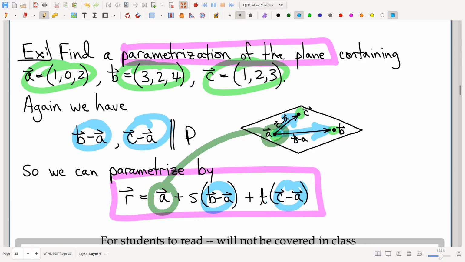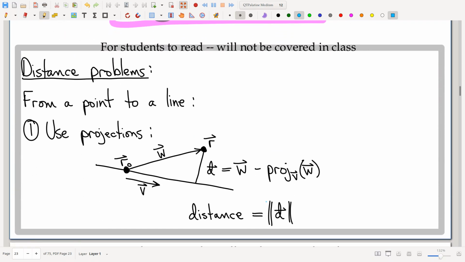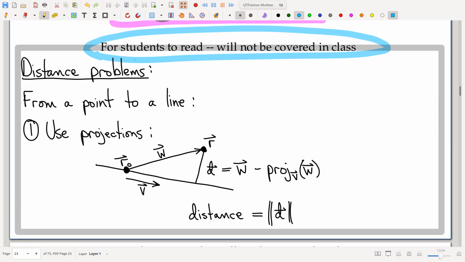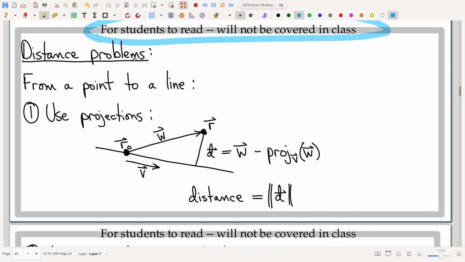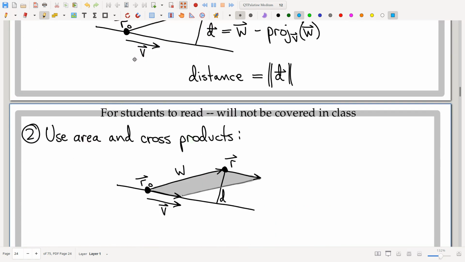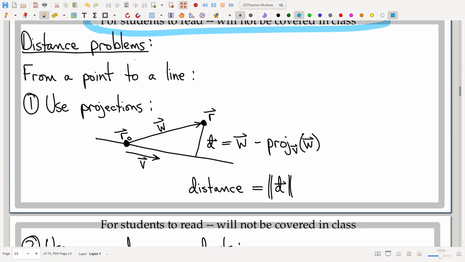All right, the last thing we'll do for today is again, I'm going to wave my hands at something here. This is, I think, all pretty readable. This is discussed in detail in the book. I have kind of hit some highlights in what I've written with all these distance problems, we call them. For example, here, how do you find the distance between a point and a line? And side note, when they say distance, they mean the shortest possible distance.